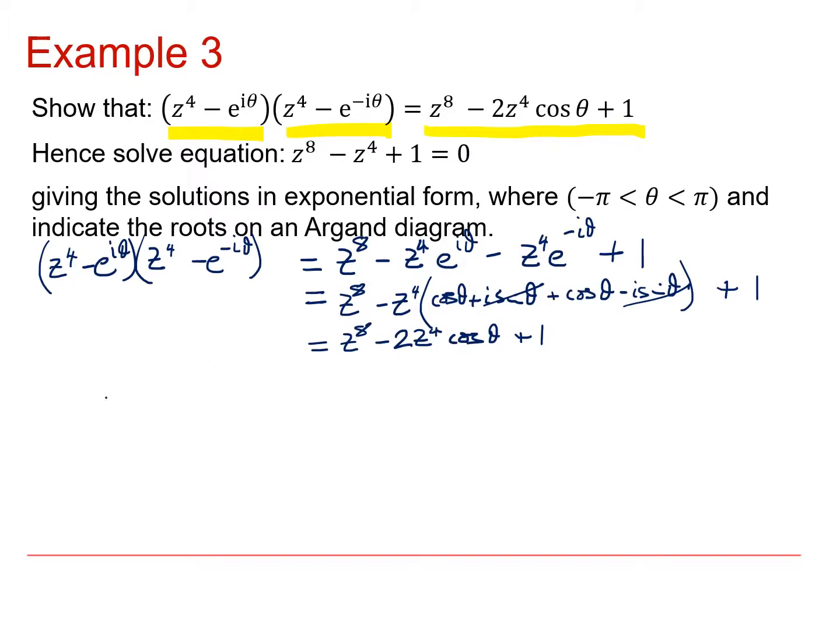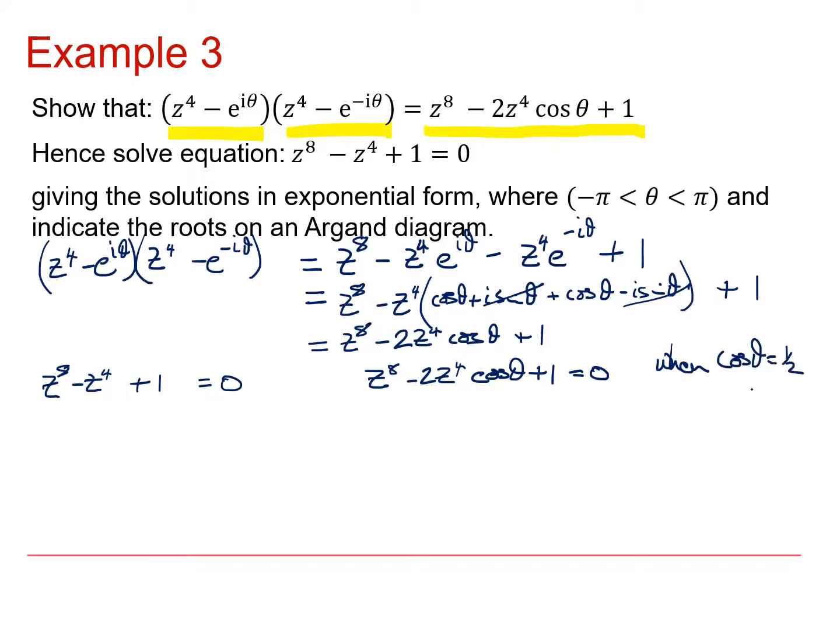Now I want to solve z to the 8 minus z to the 4 plus 1 equals 0. And if we look at that, these two things are very similar. So this is like solving z to the 8 minus 2z to the 4 cos theta plus 1 equals 0 when cos theta is equal to a half, or if you prefer, theta is equal to pi by 3.